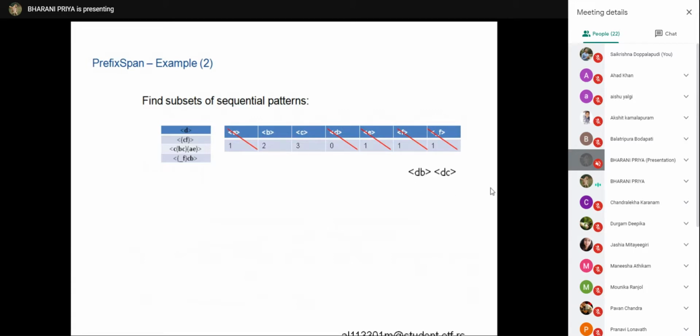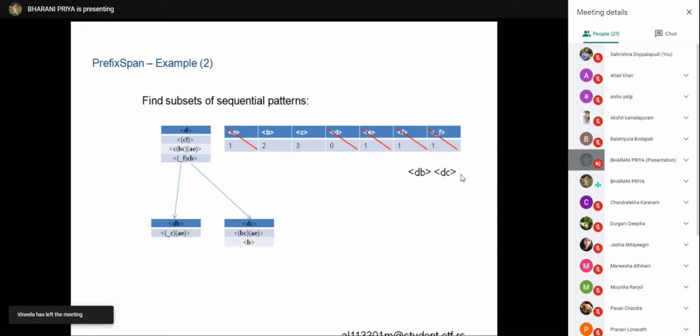Is this clear? Okay, I'll proceed. So now take DB as a prefix and DC as a prefix. See, these are all frequent items. You can stop at any level. If you want to stop here itself, you can stop.